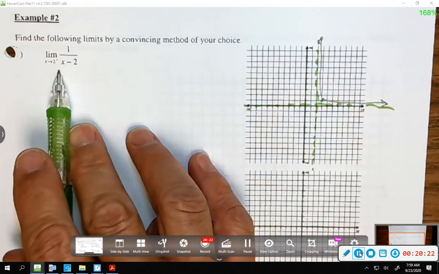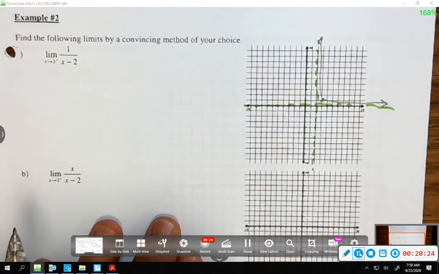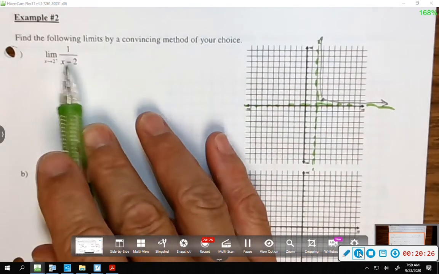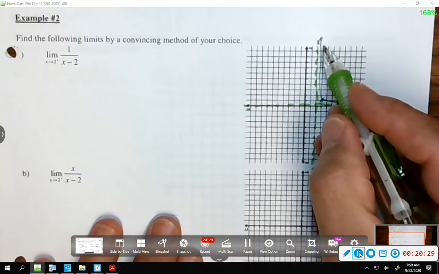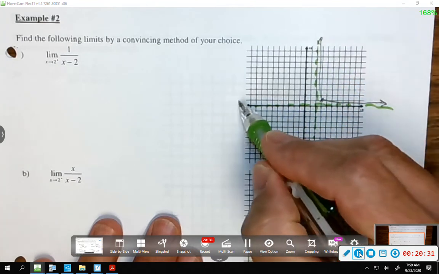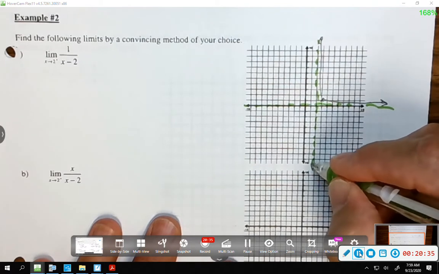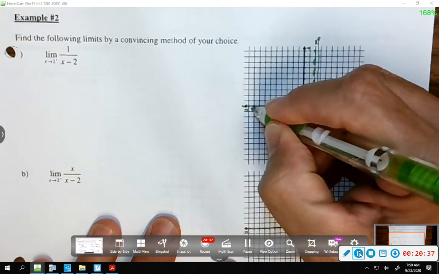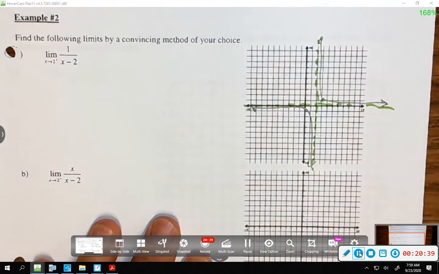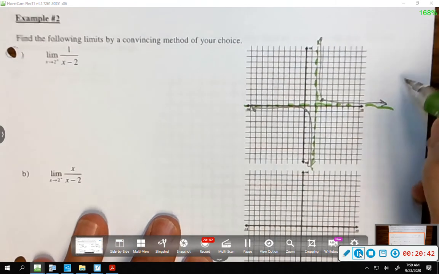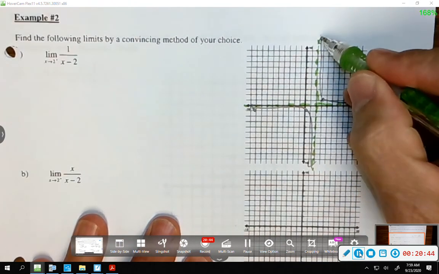This is x minus 2 to the first power. It has to be a pole. If this is x minus 2 quantity squared, I would jump across the asymptote, and it would be a volcano. But since it's a pole, I know I have to slide down the pole and start again. That is enough for me to get a quick graph. And now the limit as x approaches 2 from the right takes off to positive infinity.